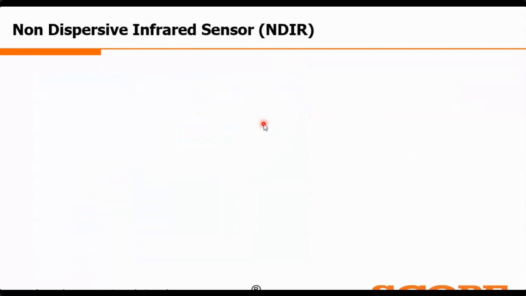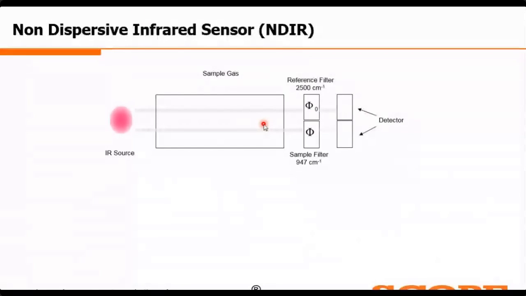Now let me explain the working principle of this sensor, and how it detects only SF6 and not the other gases. The operation is very simple. As I have told you, the gas is continuously sucked in because of the pump, before the IR source.